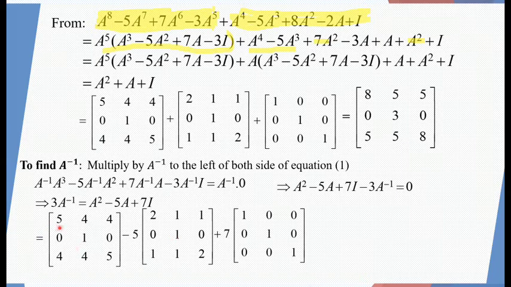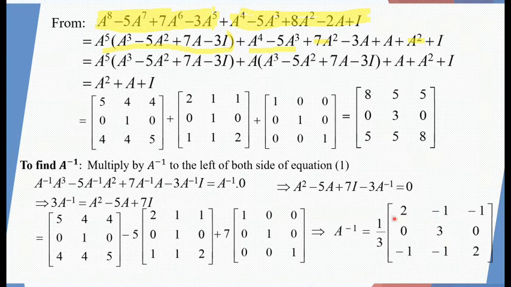And on simplification, see 5 minus 10 plus 7. So 5 or 7, 12 minus 10, that is 2. This 2. 4 minus 5, that is minus 1 plus 0, so minus 1. 4 minus 5 plus 0 is always minus 1. 0 minus 0 plus 0 is 0. 1 minus 5 plus 7.